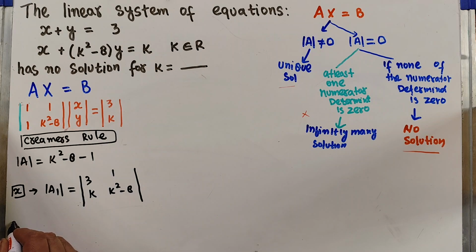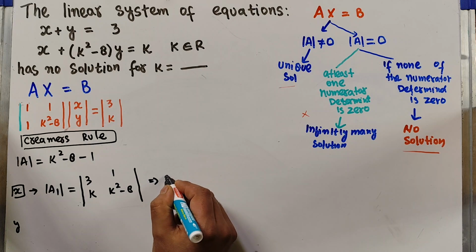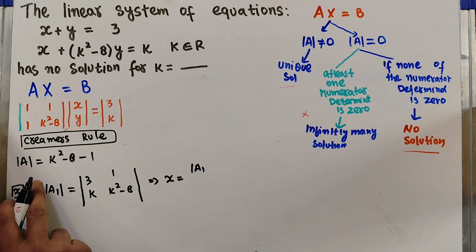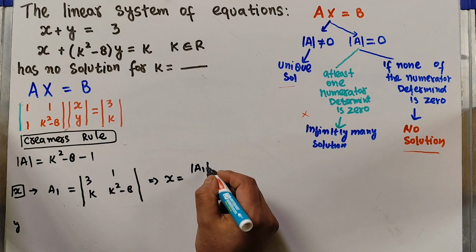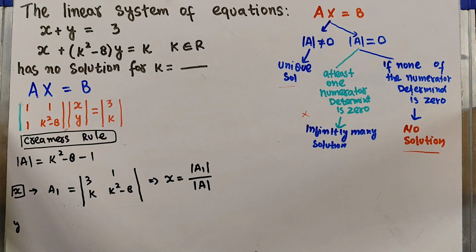Then x will be equal to the determinant of A1 divided by the determinant of the coefficient matrix. In the same manner, to find the value of y, we form a new matrix.